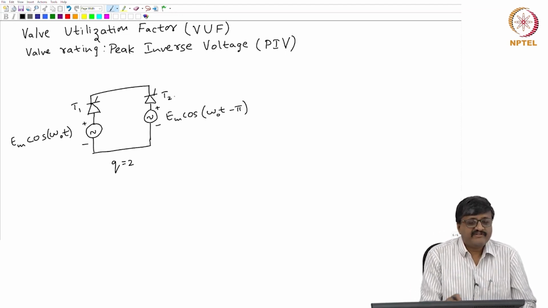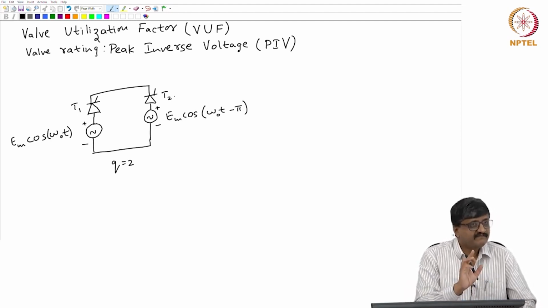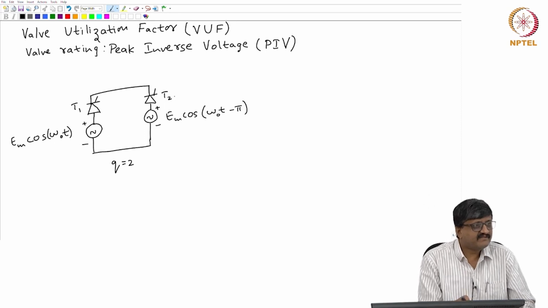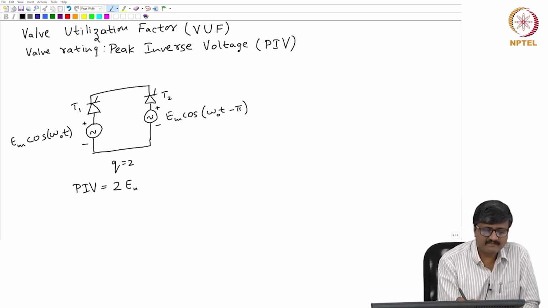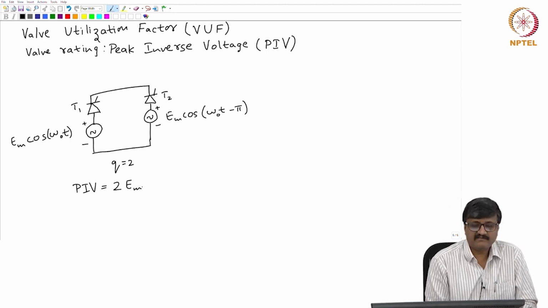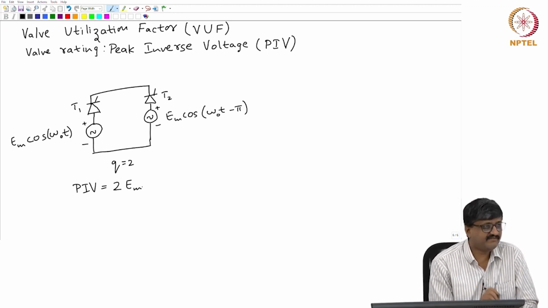The maximum voltage that appears across any of these thyristors when the other thyristor is conducting is 2 EM. So, here the peak inverse voltage is very obvious, 2 EM. But this is just the answer for Q equal to 2.